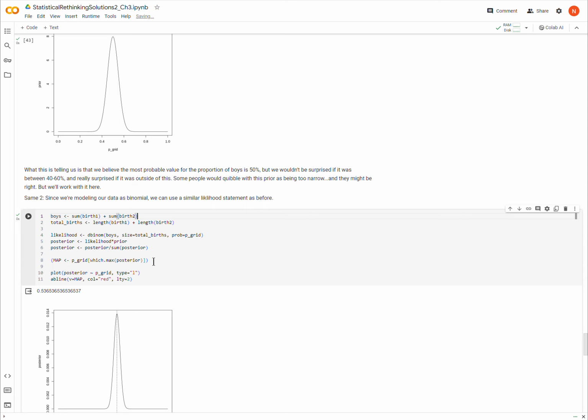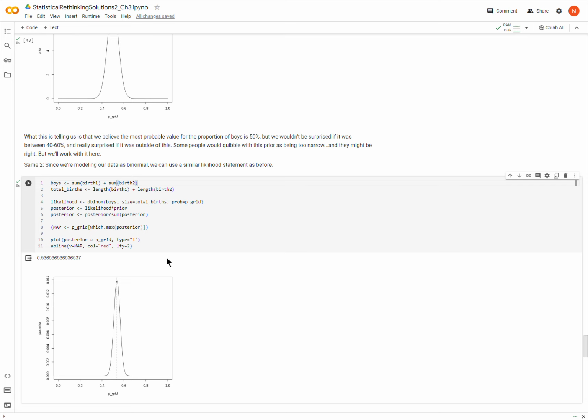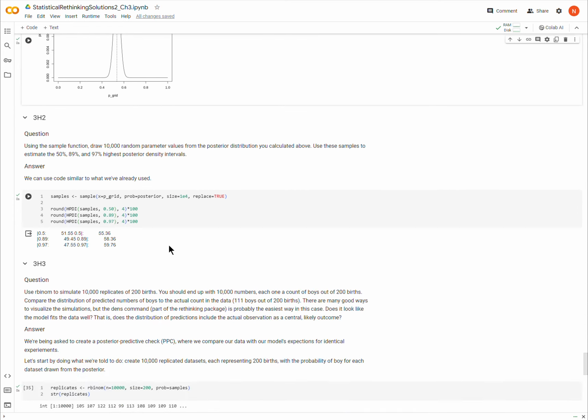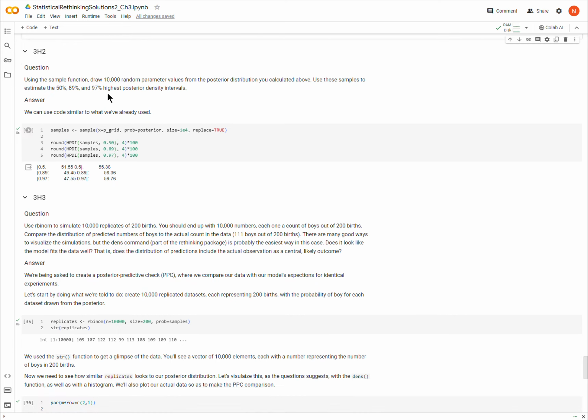And in that problem, we were basically asked to find the maximum value of the posterior distribution that predicted the probability of either child being male. And in question 3H2, we found some high probability density intervals for that.